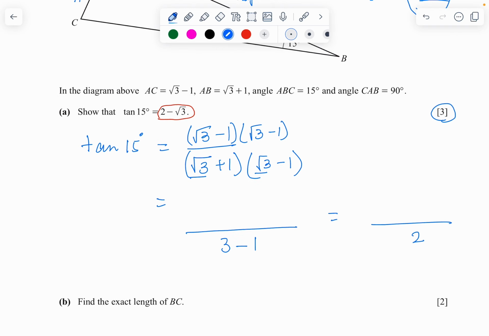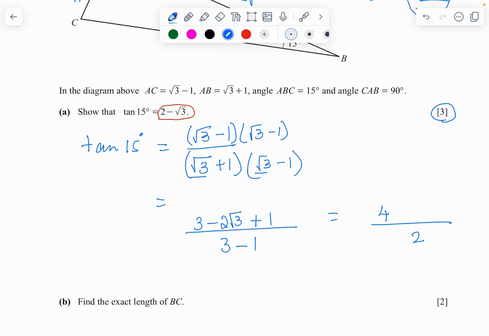Now the numerator is square root of 3 minus 1 times square root of 3 minus 1, so basically square root of 3 minus 1 whole squared, right? So a squared, which is 3, minus 2ab, which is 2 square root of 3, plus b squared, so plus 1. I will simplify this.